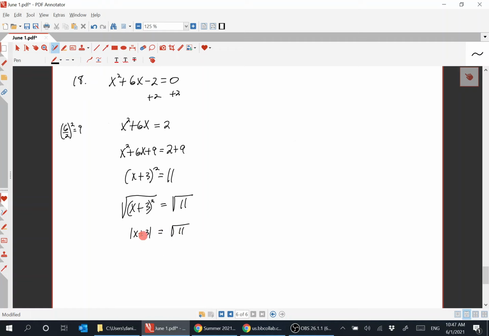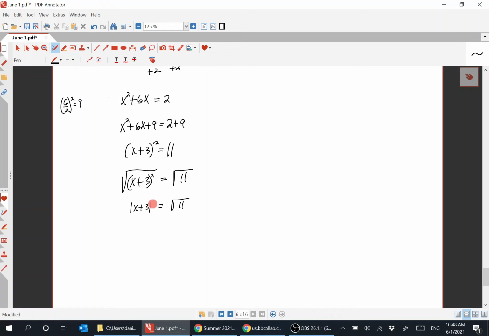It's x plus 3 if it's positive. If x plus 3 is negative, depending on what x is, like negative 7, then you have to negate it to make it positive. Square roots are always positive. Anyway, to remove that absolute value, you put this plus or minus here. X plus 3 is equal to the square root of 11, or the negative of the square root of 11.